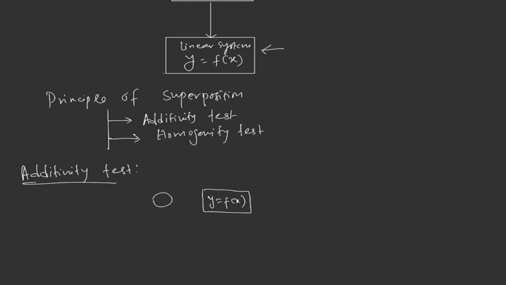I'm applying x1 and another x2 to the summing point, and the output from this block we can say x1 plus x2, and the response from this block we can say y, or I can say y dash, equal to f of (x1 plus x2).